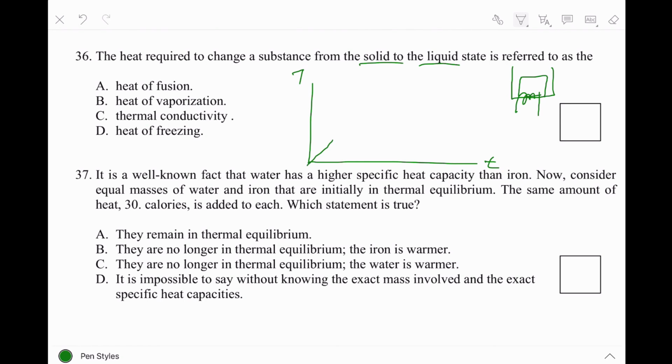So here, 1, 2, 3, this is 0 degree, this is 100 degree. So there's a certain time the temperature doesn't change, but you're still putting heat, thermal energy into it. And in this case, this is what we call the heat of fusion.